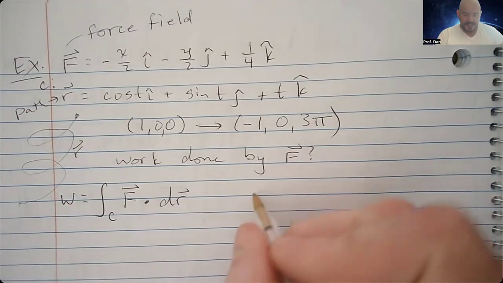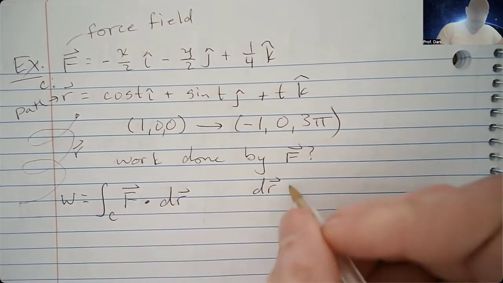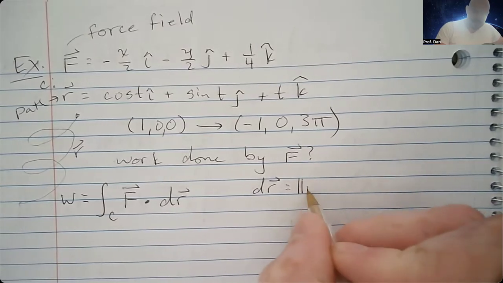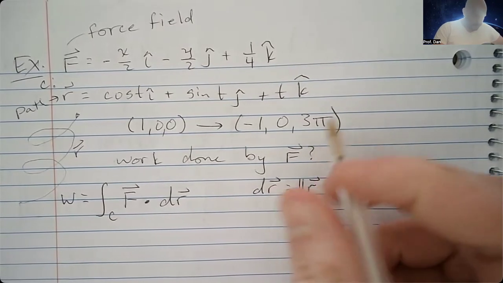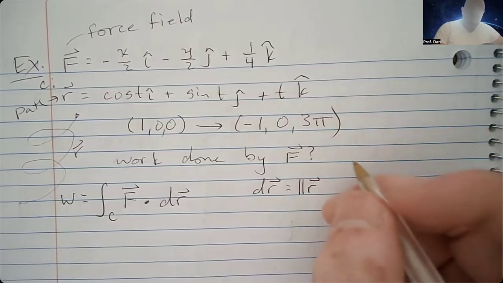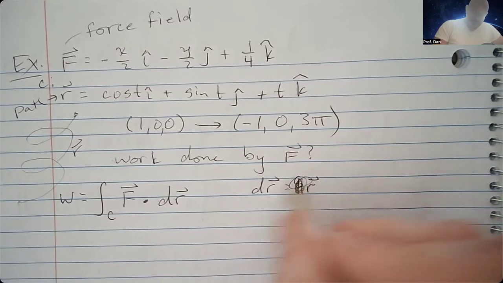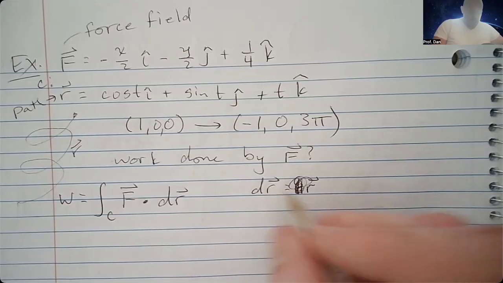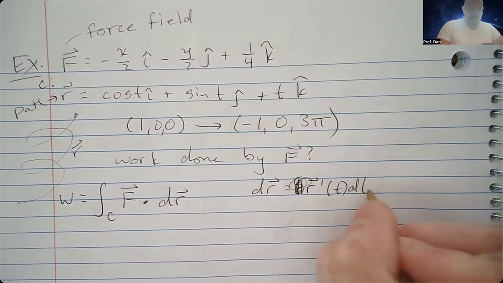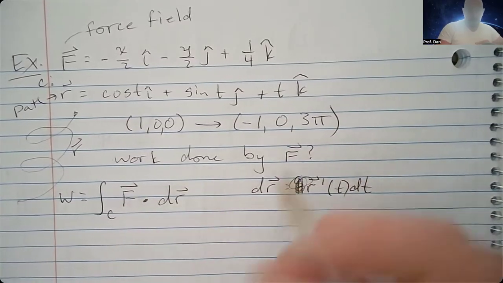But before I get into actually doing this one, I want to define what I mean by dr. So dr is going to be defined as the magnitude of r prime. Oops, not the magnitude. So dr is going to be defined as just r prime of t dt, right? Keep in mind we have to have two vectors so that we can do this dot product.